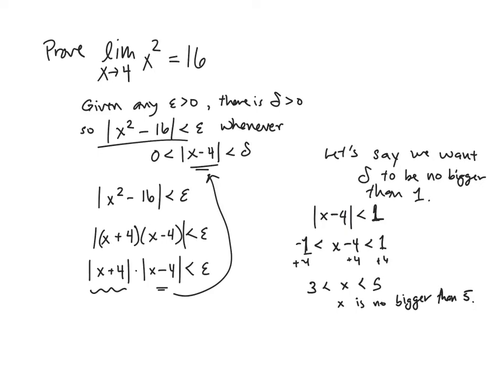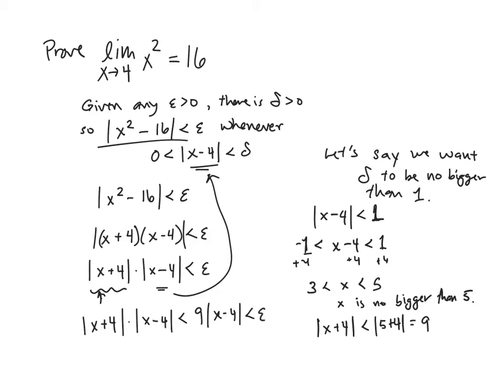Okay, if x is no bigger than 5, then I could say that this x right here is no bigger than 5. So x plus 4 is going to be smaller than 5 plus 4, and the absolute value of that is 9. So I can say that |x plus 4| times |x minus 4| is less than 9 times |x minus 4|, which is less than epsilon.